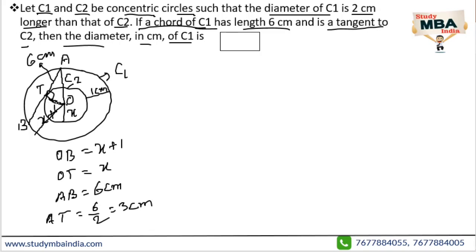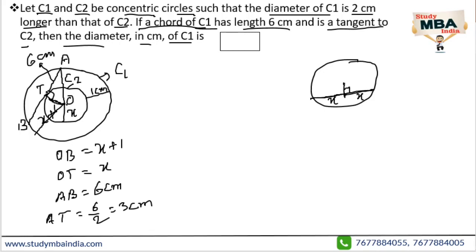Why I'm saying this is half, because when we draw a perpendicular from the center to any chord, for an example, this is a circle and this is a chord, the chord will be exactly divided into two parts. So if this length from here to here is x, then from here to here this will also be x. So using that we can say that AT is 3 centimeter.